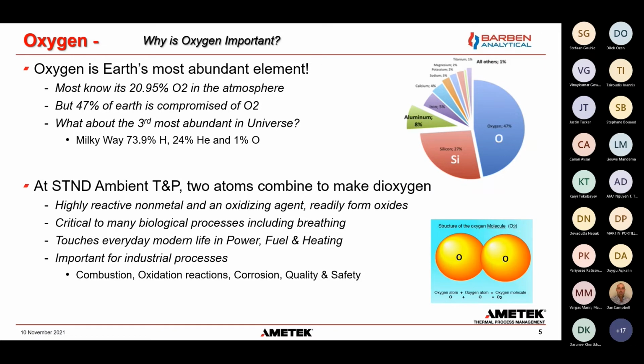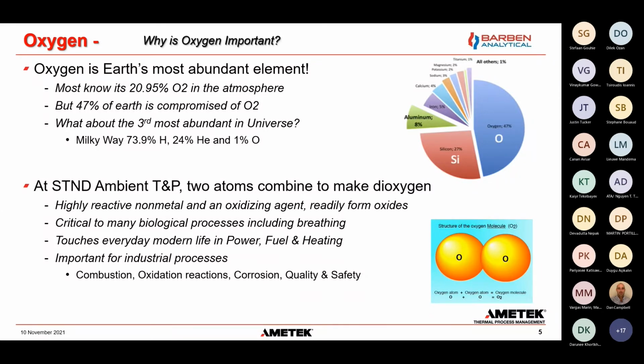And it is the 3rd most abundant in the universe. That's a little misleading, because the Milky Way has 74% hydrogen and 24% helium, and oxygen is just a little bit underneath 1% of the universe's composition, but still the 3rd most abundant element in the universe.